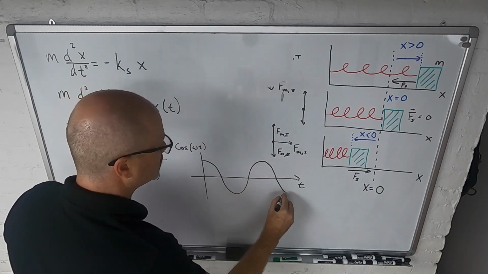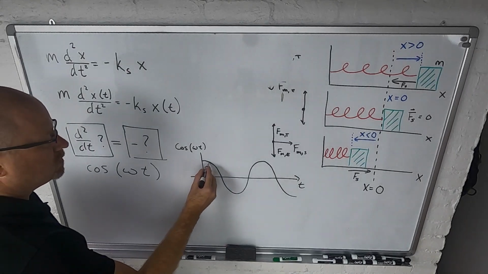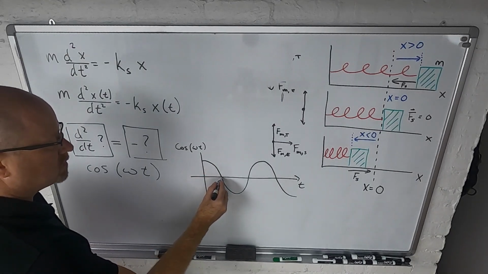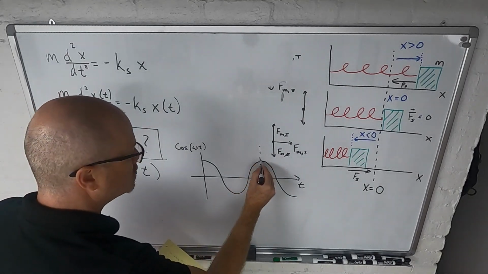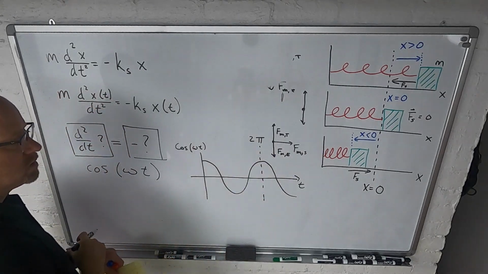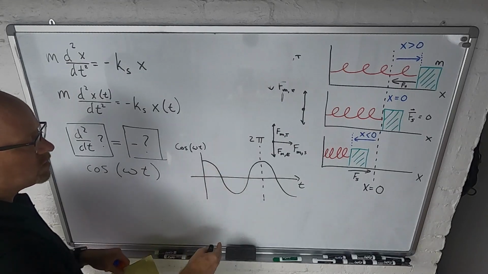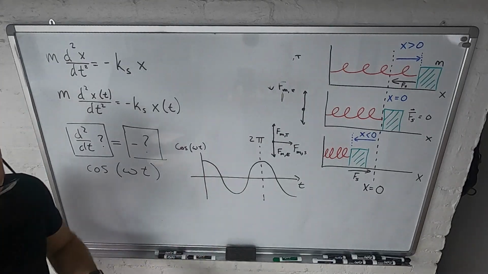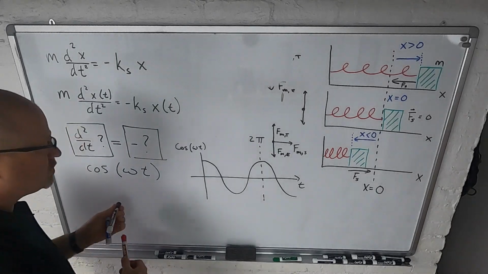It looks like this kind of function, right? So it starts at 1. As I hit this point, this one's going to be, of course, 2 pi. And so pi over 2 is here. If I take the first derivative of a cosine, what do I get?